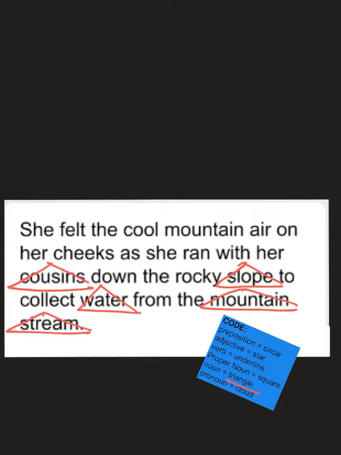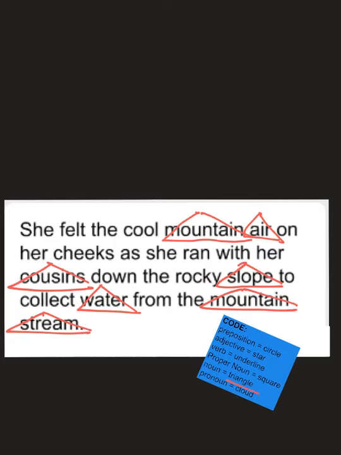I think we might have missed a couple. Let's go back to the top. She felt the cool mountain air. So we had mountain stream down below, so I think we need to make mountain air a noun as well. On her cheeks.